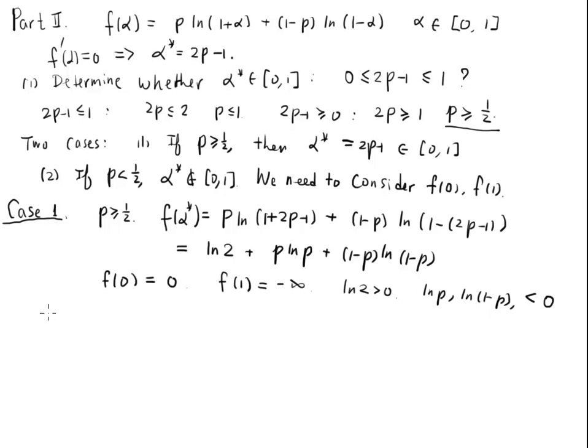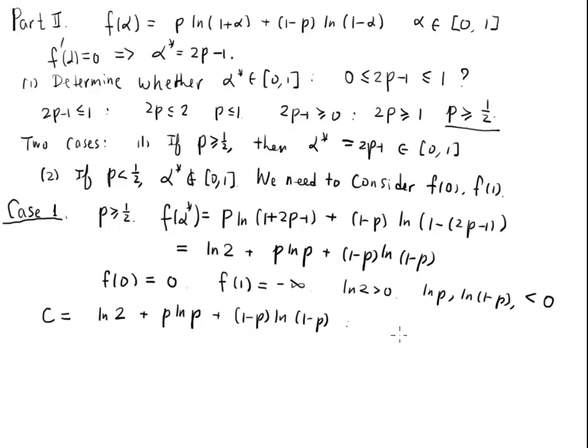But this detail, we're going to leave for you to show that c is equal to, let me call this constant c, log 2 plus p log p plus (1 minus p) log (1 minus p).